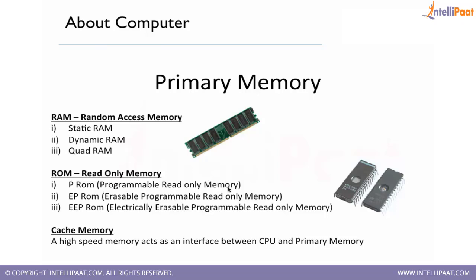As part of a second level of evolution, we can erase the data from ROM and rewrite the data into the ROM. The third type is EEPROM, which is electrically erasable and programmable ROM, where you can erase the data and reprogram it.